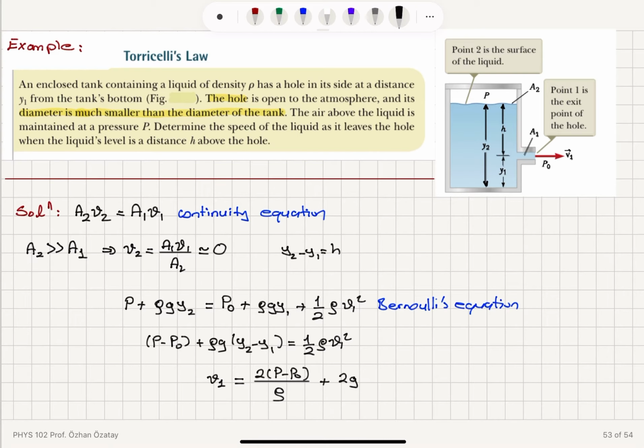So this is 2gh, and I have to take the square root to obtain my final answer. And this result is basically known as Torricelli's law.